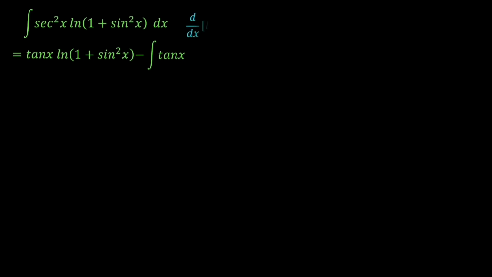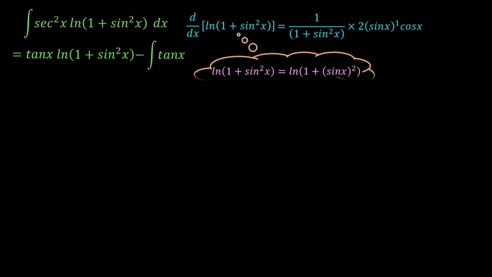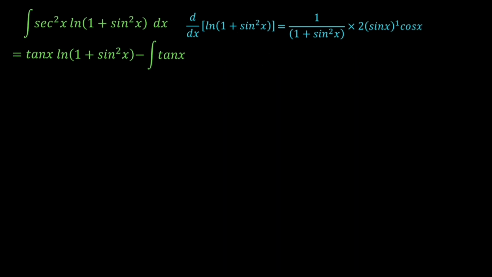Differentiation of ln(1 + sin² x) we can write as 1 over (1 + sin² x) into 2 sin x to the power of 1 into cos x. It equals 2 sin x cos x over (1 + sin² x).